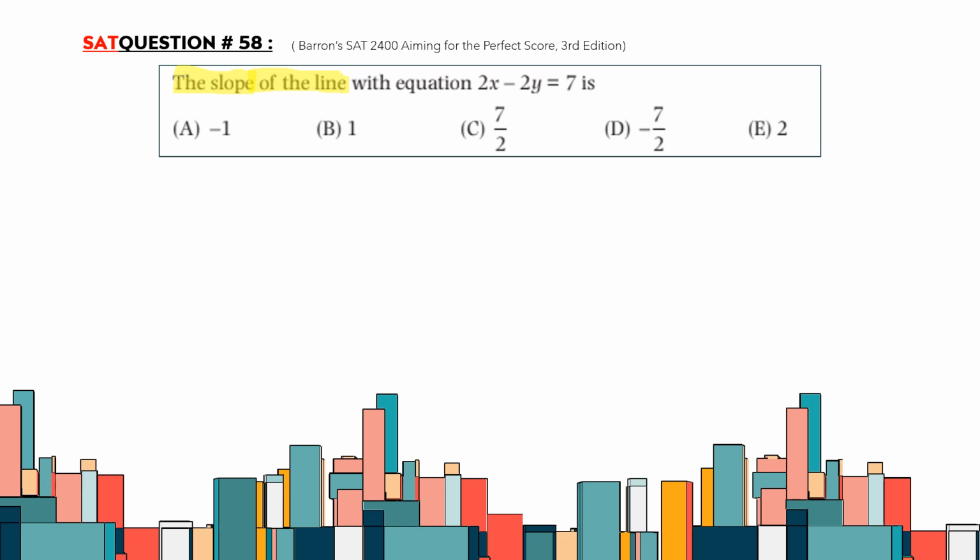A linear equation has the form y equals mx plus b, where m is the slope, what we want to find, and b is the y-intercept.